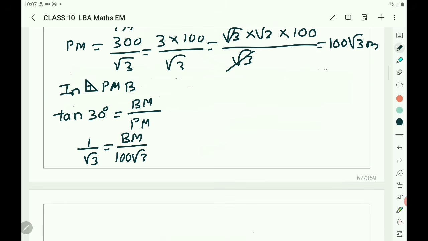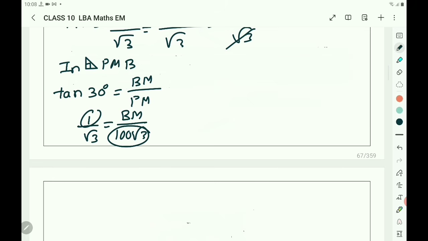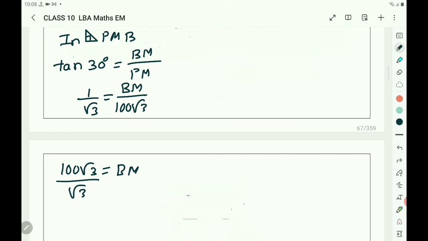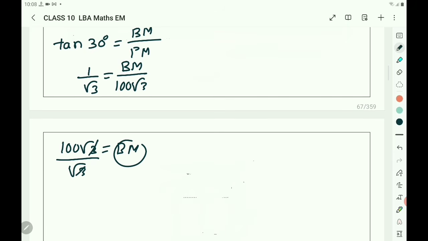Then do the cross multiplication. 1 into 100 root 3 is equals to BM into root 3. 1 into 100 root 3 is 100 root 3, and write this root 3 in the denominator of the LHS. Then root 3 cancels, you got BM is equals to 100 meter.